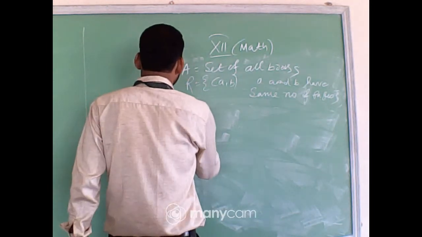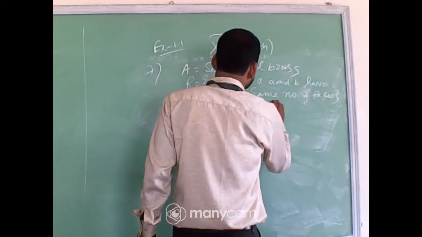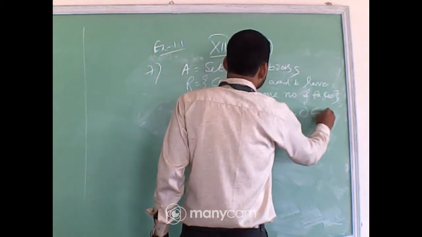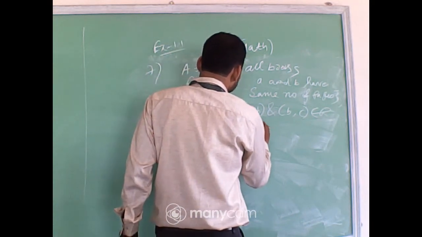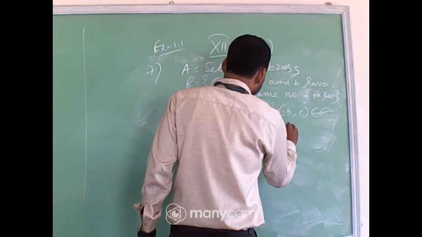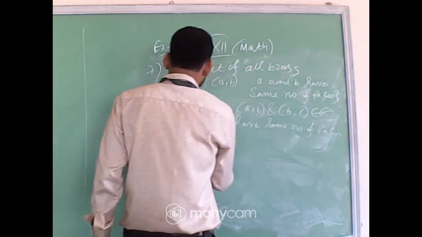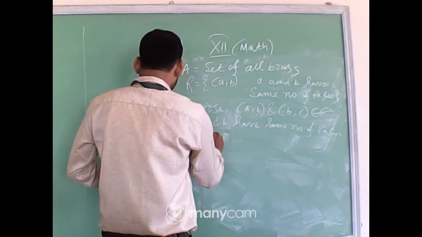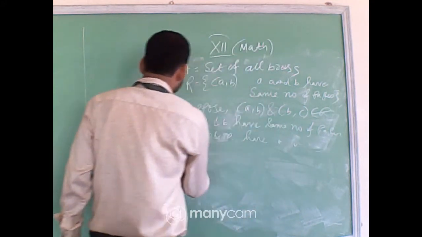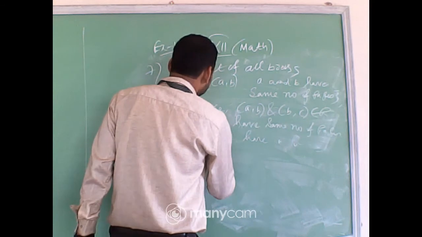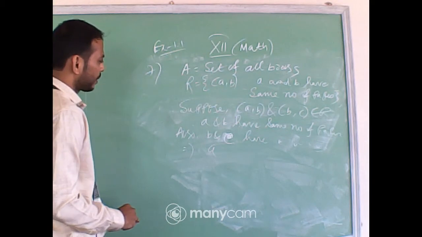Suppose (a, b) and (b, c) belong to R. Therefore a and b have the same number of pages. Also b and c have the same number of pages.